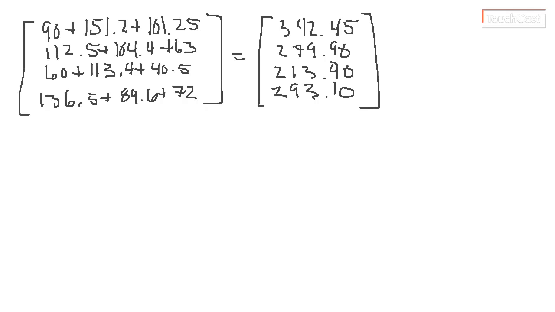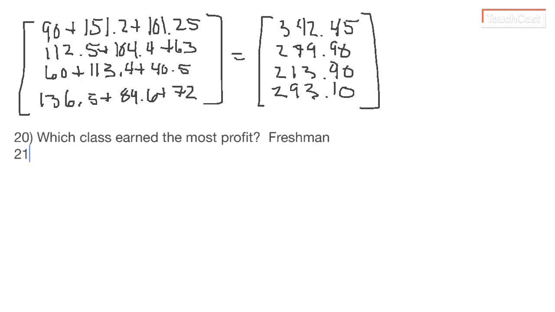Now, in example 20, the question is, which class earned the most profit? Well, the answer is the freshman. Example 21, give the total profit for the school.